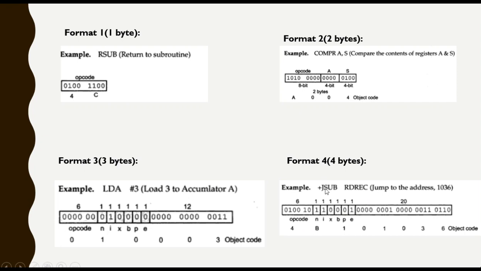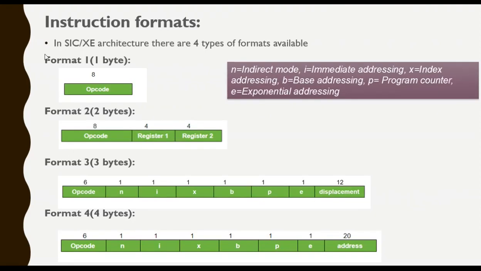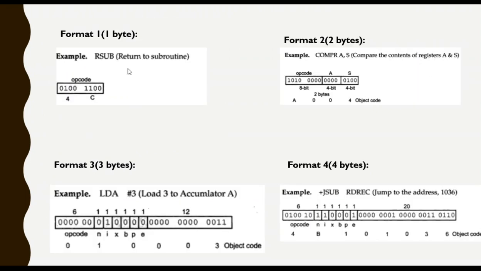So see, 4 formats: format 1, format 2, format 3, and format 4: 1 byte, 2 bytes, 3 bytes, 4 bytes, and this is the example. Here N and I will be set to 1, and E will be set to 1. That tells us the extended format is being used. In detail, we'll see this in the assembler part.